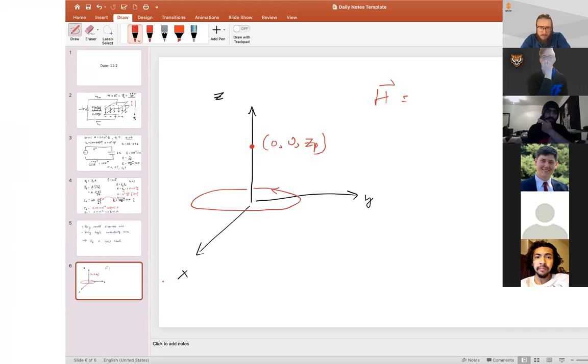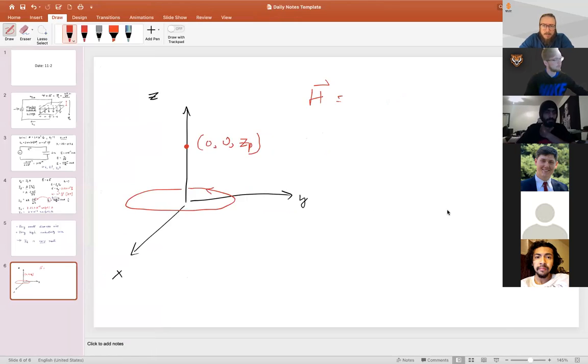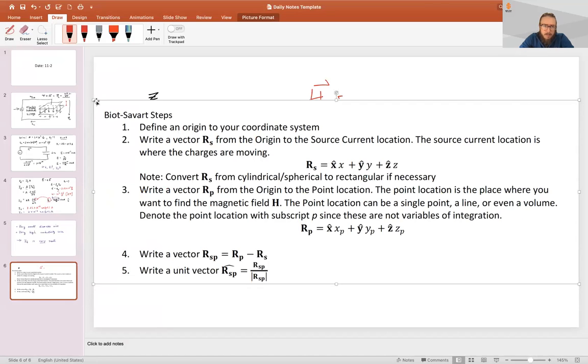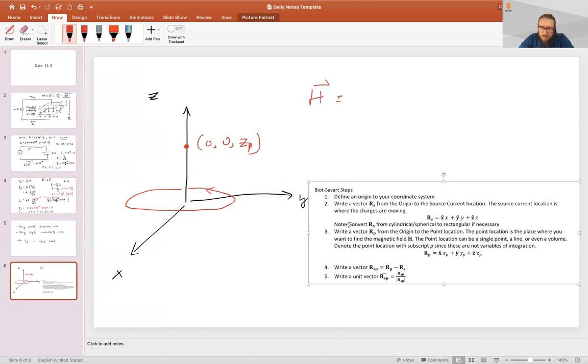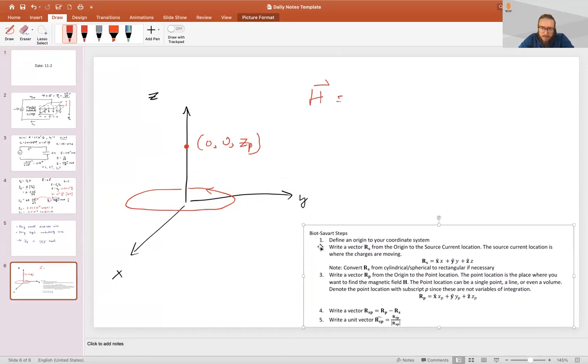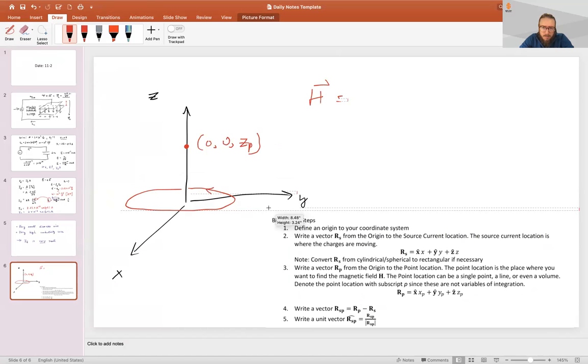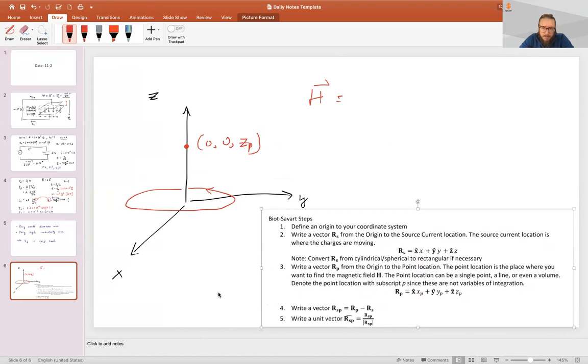So pull out the Biot-Savart cookbook, and see if you can get these first 5 steps done.